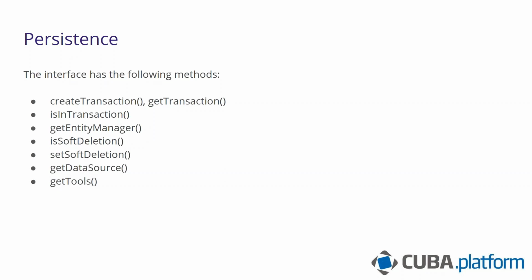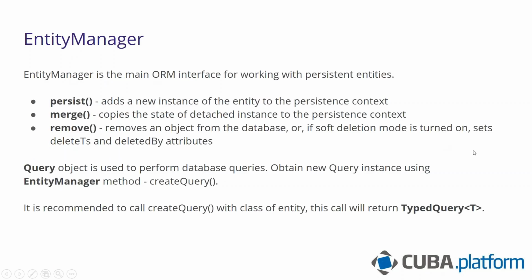If you want to use native JDBC operations, you can use this method, getDataSource, to access the low-level database mechanisms. Now, in this session, we will use EntityManager as a low-level mechanism. EntityManager is the main ORM interface for working with persistence entities.